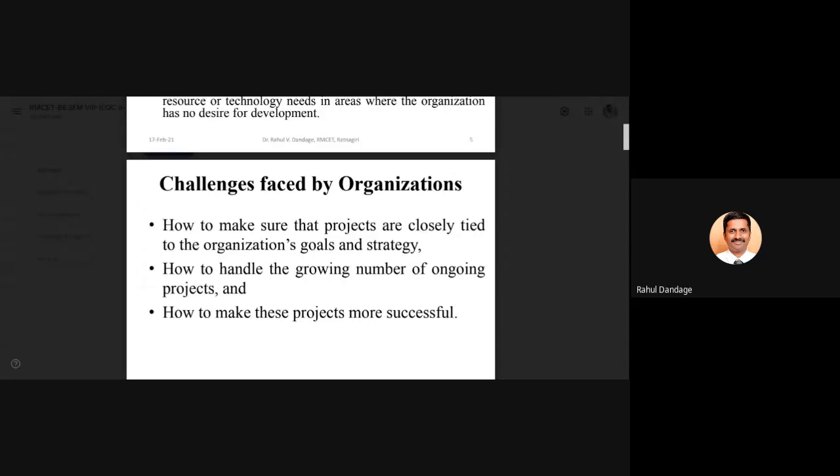The projects are going on and are closely tied to the organizational goals and strategies, but we also have to ensure that these projects are successful and not a failure. So what measures, what strategies, what action plan do we need to chalk out for making the project successful? That is another challenge faced by organizations. So these are some of the challenges faced by the organizations.